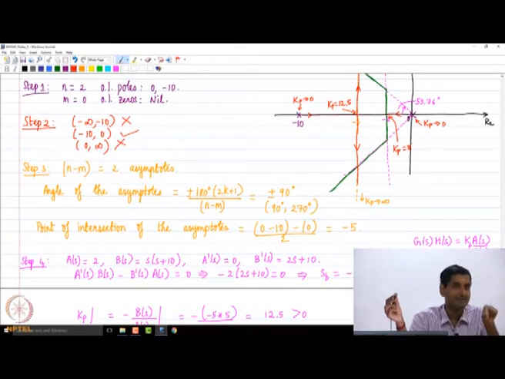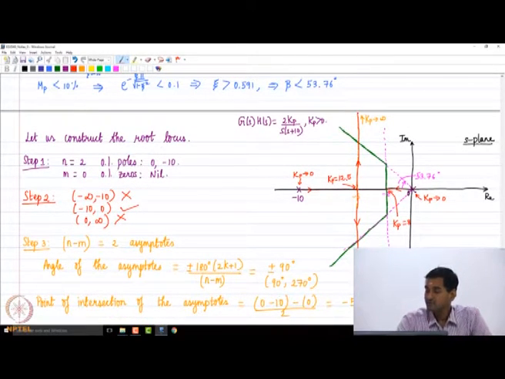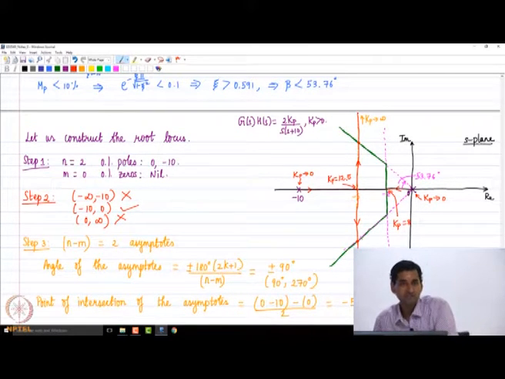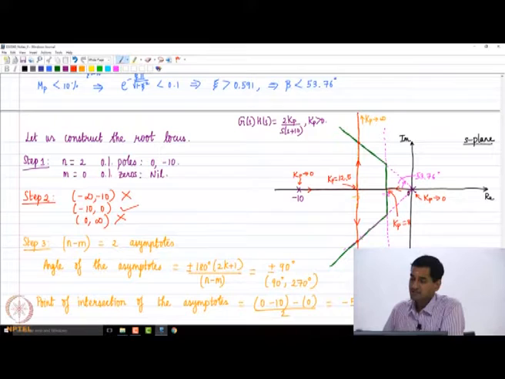But not only that, we have to find out what is the value of Kp when the root locus hits this point and this point, because beyond this, the two branches of the root locus go outside the desired region. So how can I find the value of Kp at this point?